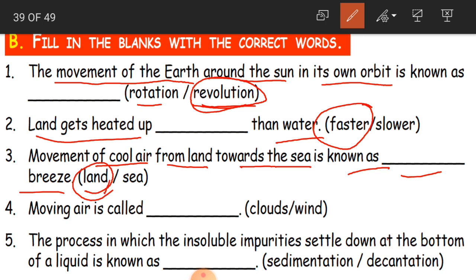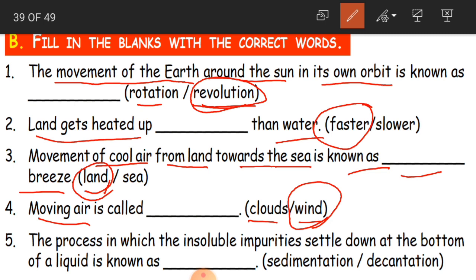And these we will get in the nights. Children, breeze is nothing but gentle moving air. And moving air is called what? Either clouds or wind? Yes, this is wind.